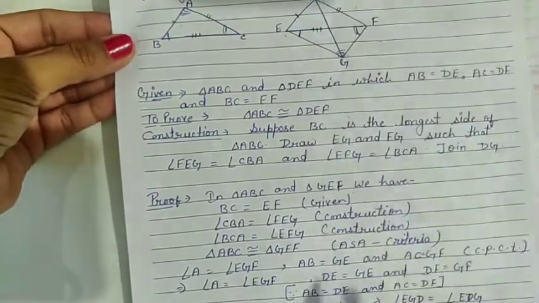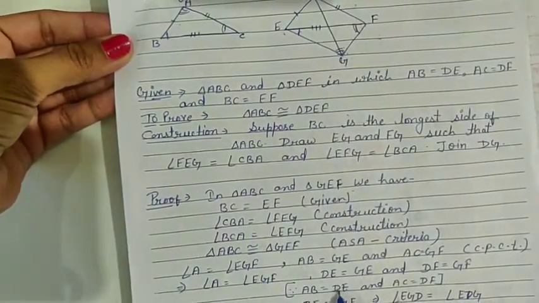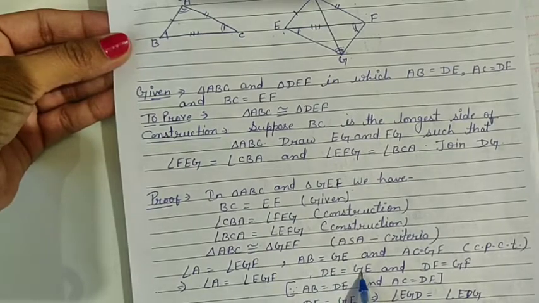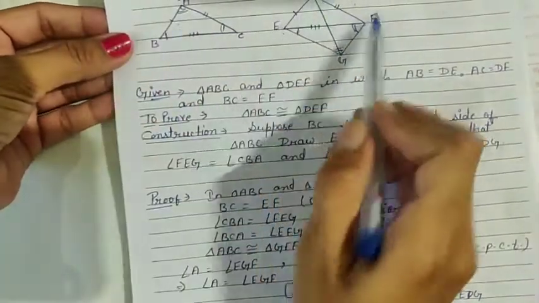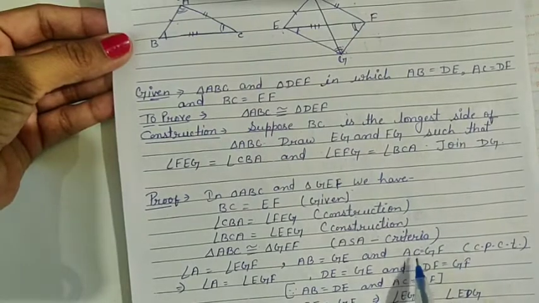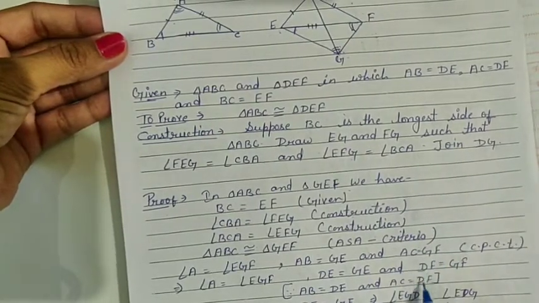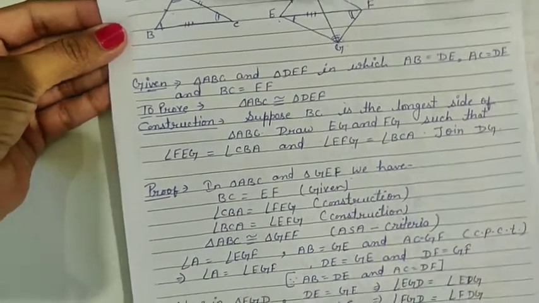This is given, and AB equals GE. Then DE is also equal to GE, and AC equals DF is given, and AC is also equal to GF. Then DF equals GF.